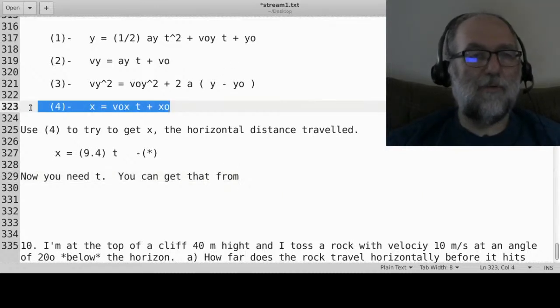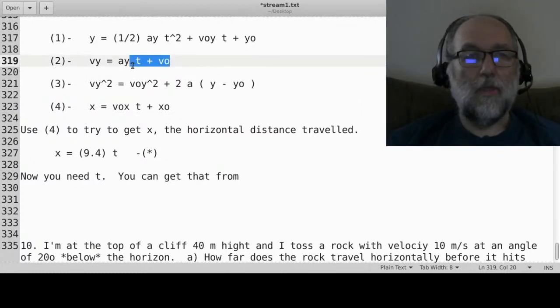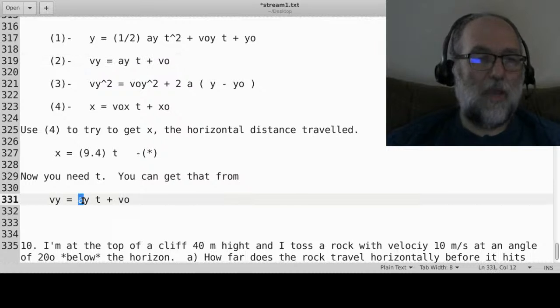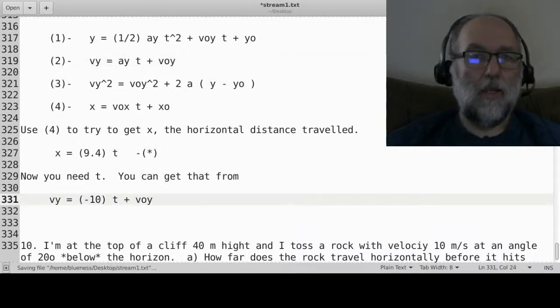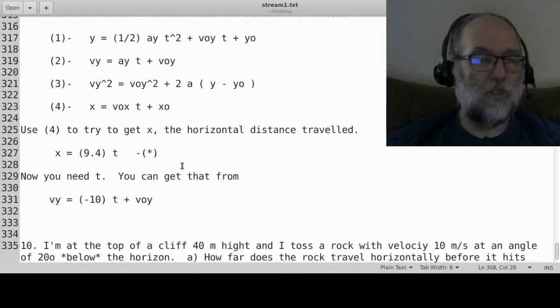Well, you can't use number 4. We just used it. Number 3 doesn't have time. You say, well, can I use number 2? Let's take a look for a second. Do we have y? Yep, that's negative 10. Do we have v naught y? Yeah, we calculated v naught y was 3.42.